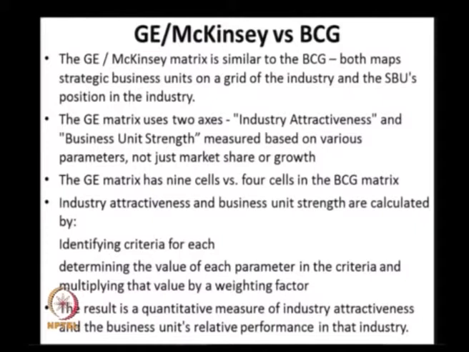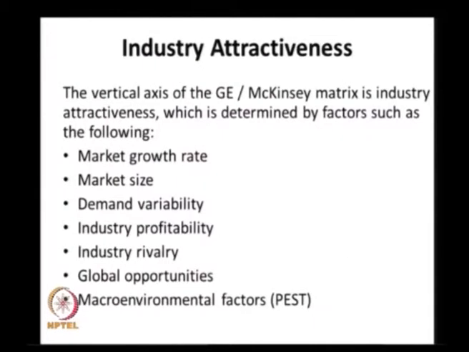Then we have a relevant score for each parameter, and the weightage multiplied by the score, the weighted average, gives the final quantified score that measures industry attractiveness or business unit strength. Based on that score, we place the entity into any of these 9 cells.